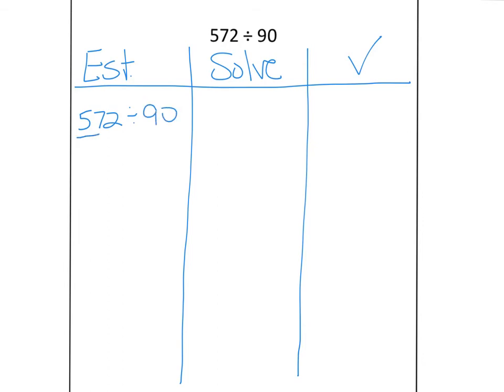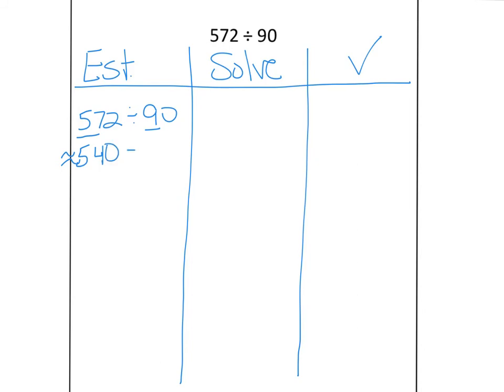So I'm just going to pay attention to the first 2 digits. What near 57 is divisible by 9? So 9 times 5 is 45, 9 times 6 is 54, 9 times 7 is 63. So 54 was the closest.